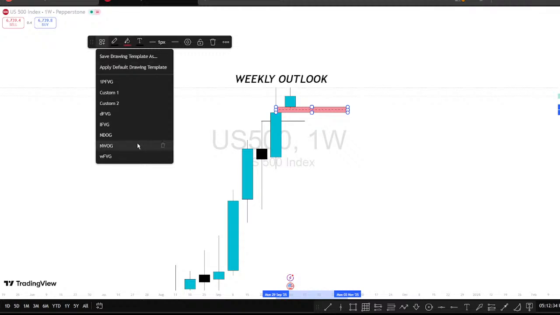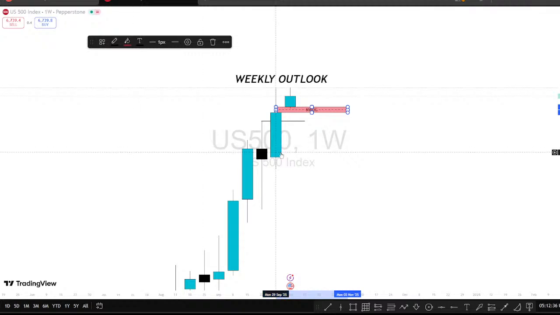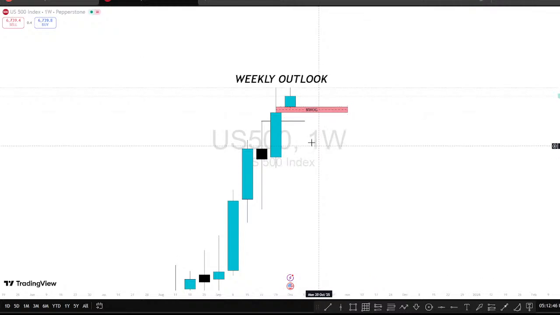What I want to see is price respecting this new week opening gap. I want to see it being used to anchor higher prices throughout the week, as I am expecting a very bullish week this week. That is even before we look at the fundamentals. I am expecting a bullish week looking at the technicals.